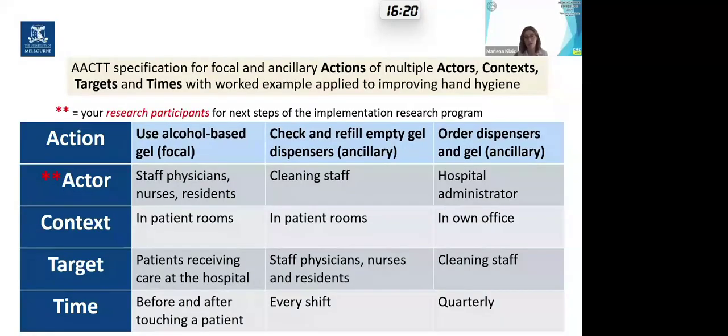So those require some consideration as well, because what if we're able to change the behavior of the physicians, but we haven't considered making sure that the gel dispenser is full and that there is an ordering system in place to ensure that that happens routinely. So you can see that it's not overly complex, but it requires some detailed consideration.